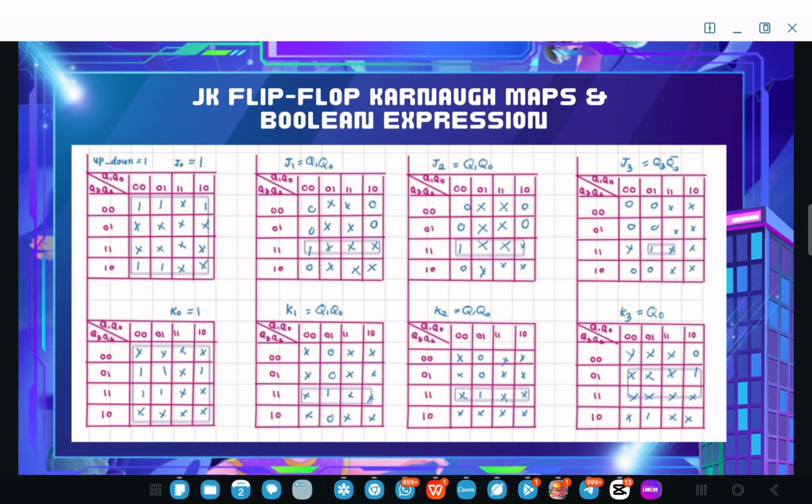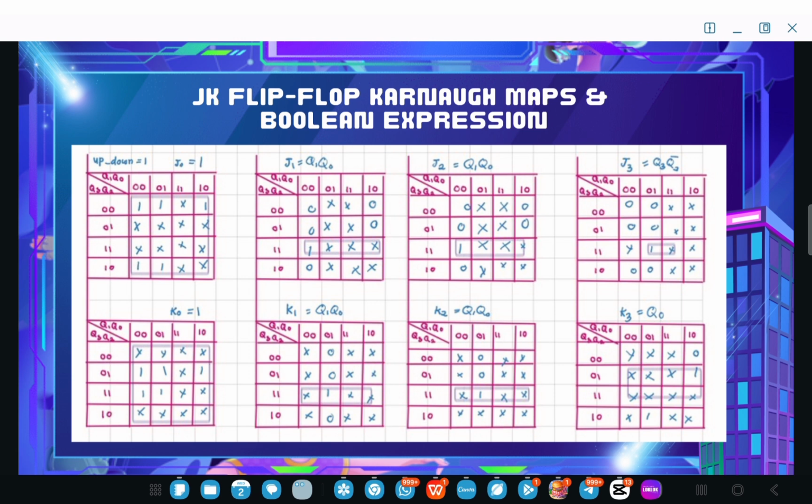From the K-map, we get the Boolean expression for each J and K input of the flip-flops. Each JK input has its own logic equation based on the simplified values from the K-map.